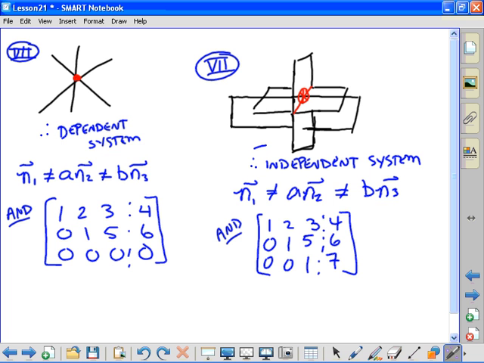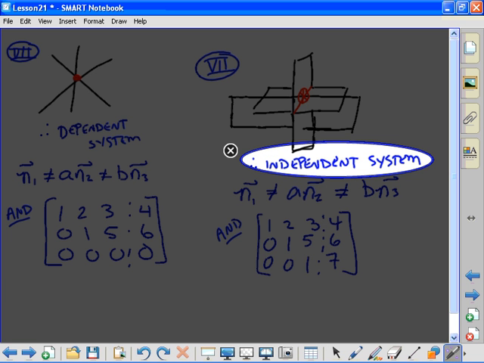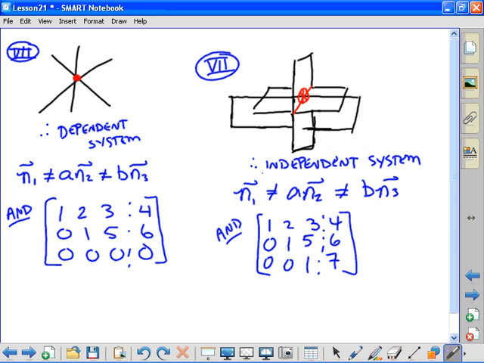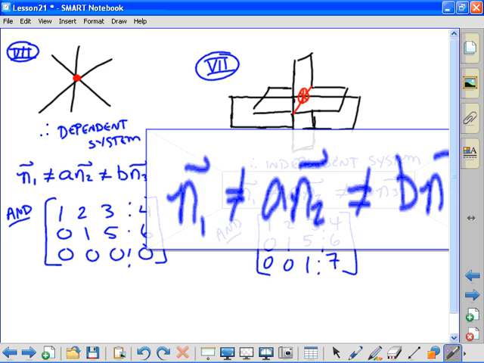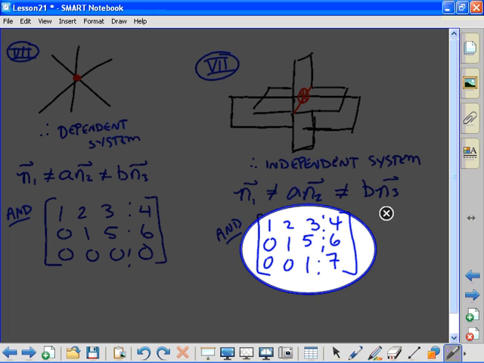This is the only situation where we have an independent system. We have one solution. And in that case, when you do the normal check, none of the normals will be equal to each other. And your matrix will actually spit out a final answer. So it'll be the only matrix in that format that we were looking for when we went through and did matrices.